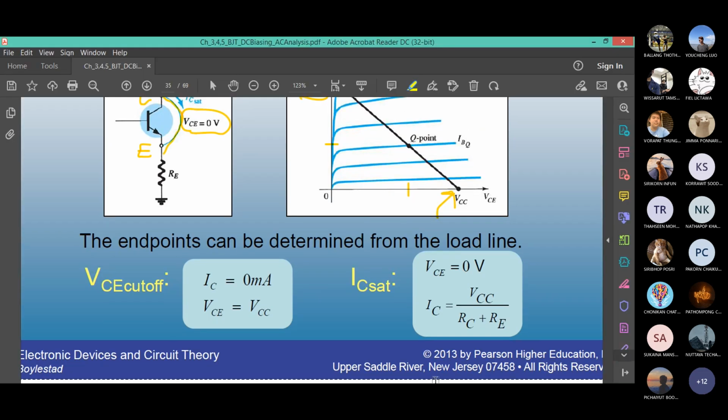Let's see if I have any examples that I can show. I'm going to your Teams page and looking at the class notebook. Let's see if I have an example of stability analysis, which you don't have to calculate because it should already be done. Series diode, emitter stabilized bias.